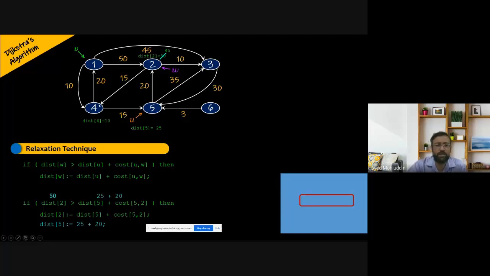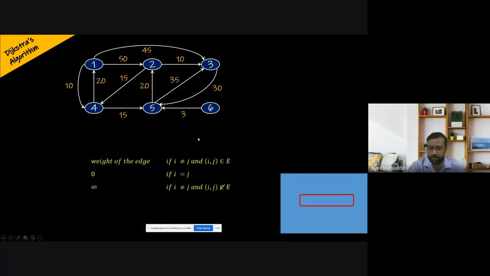So what this means is, to reach vertex 4 from 1, always from 1, the distance is 10. To reach vertex 5, distance is 25. And to reach vertex 2 from vertex 1, distance was 50. It got updated. Now to reach this vertex 2, the distance is 45. So this is how relaxation technique works.